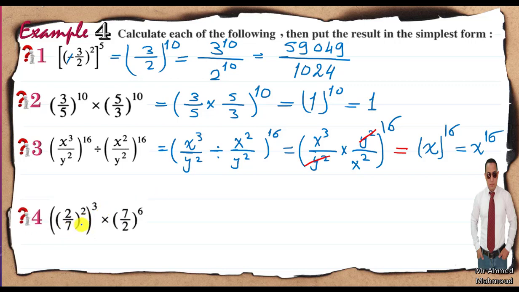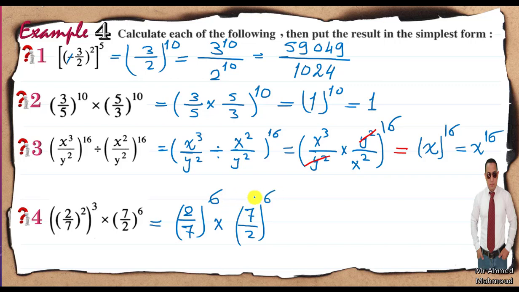here I have 2 over 7, all power of 2, power of 3. I can multiply 2 times 3, so it will be 2 over 7 all power of 6, times 7 over 2 also all power of 6.